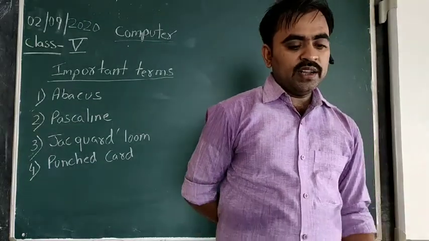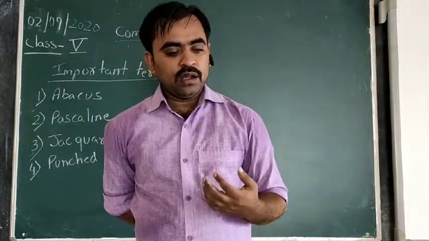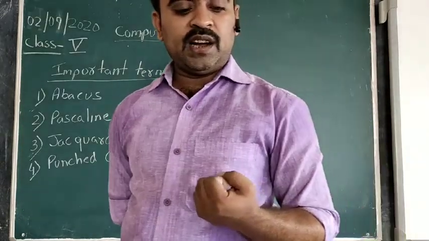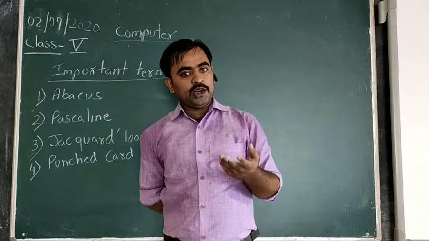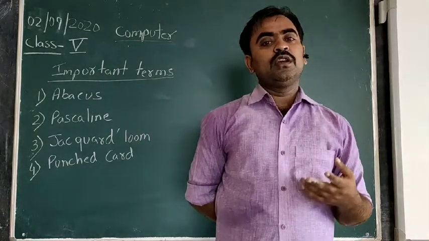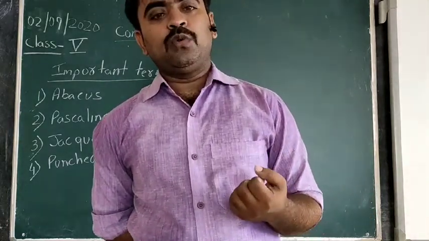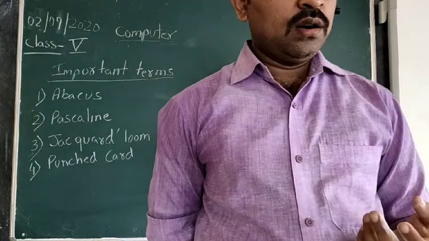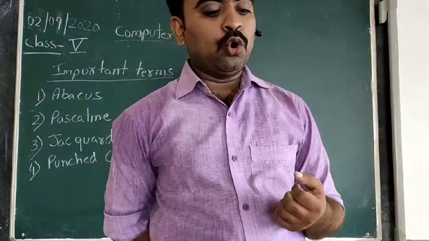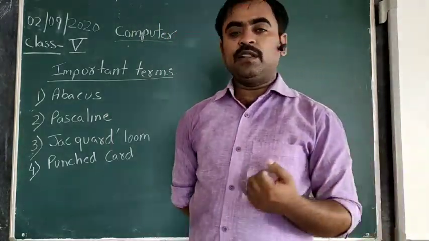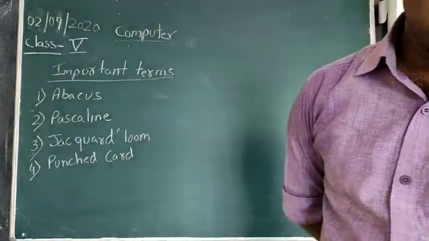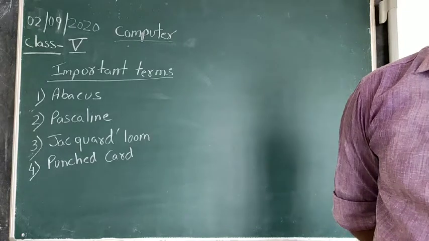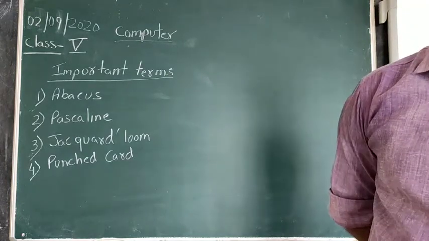The punch card is a piece of paper containing several holes to represent data for doing calculations. Each hole or combination of holes was used to represent particular data in the punch card. And these holes were punched either by hand or by machines. So this is the punch card.